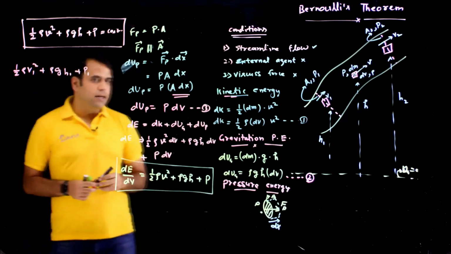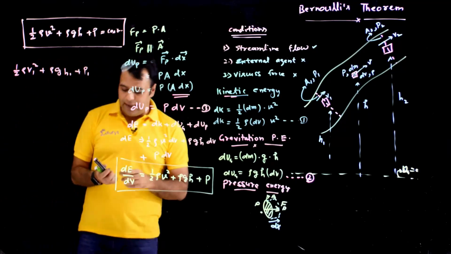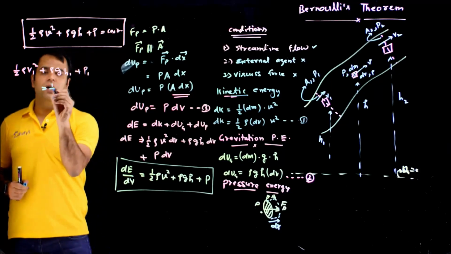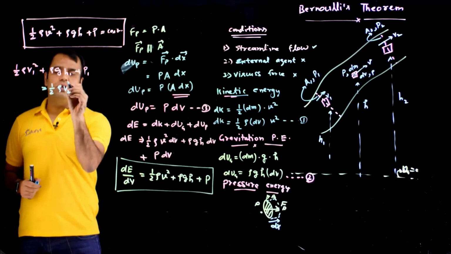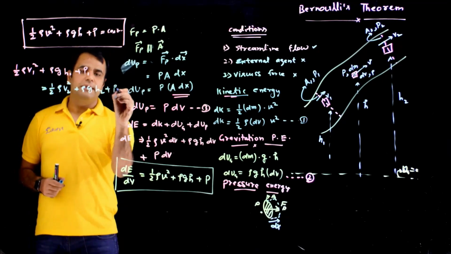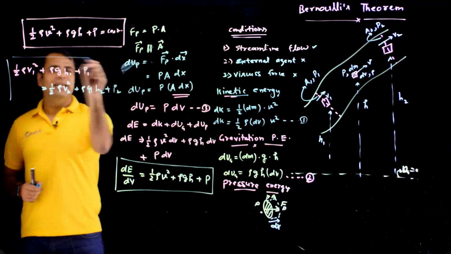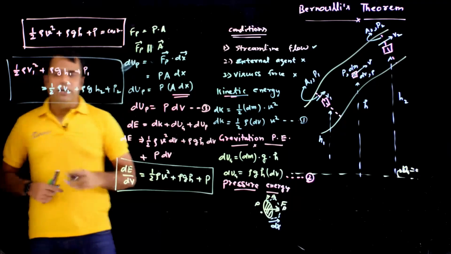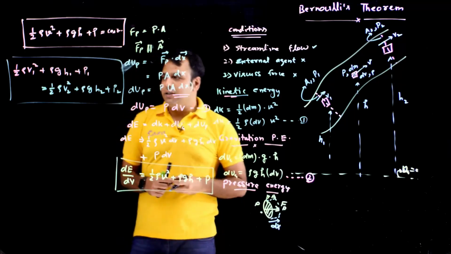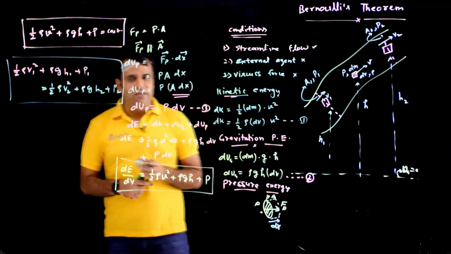This value will equal half rho V2 square plus rho g H2 plus P2. This will be the equation involving the variables at inlet and at outlet.